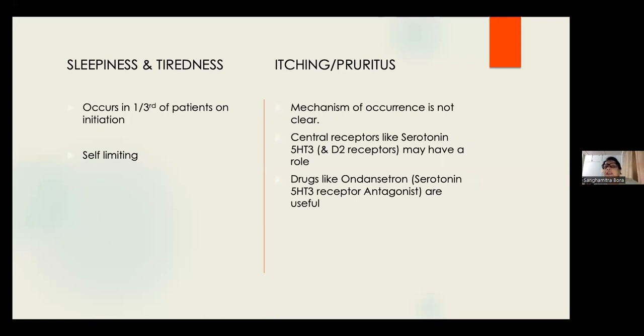Has he tried other medications for the itching? If these things are negative, then you have to think along the lines of morphine-induced itching or pruritus and advise the patient on drugs like ondansetron, which is going to take care of that. And we have had pretty good results in taking care of the pruritus.